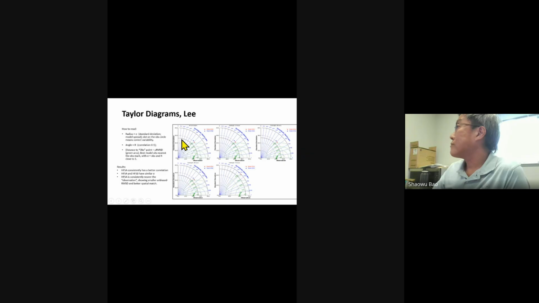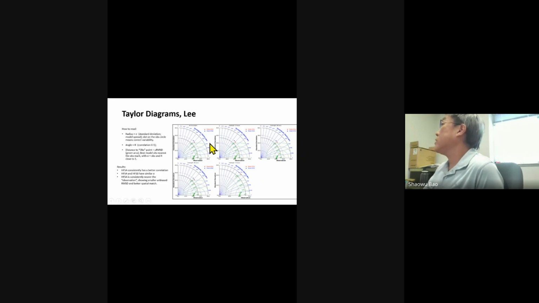And you see these blue curves. The center of the blue curve is the observation. The observation has a correlation of 1 because it's itself, and has the particular standard deviation of the observation. For the models, the closer the models are to the green center, the closer the model is to the observation.